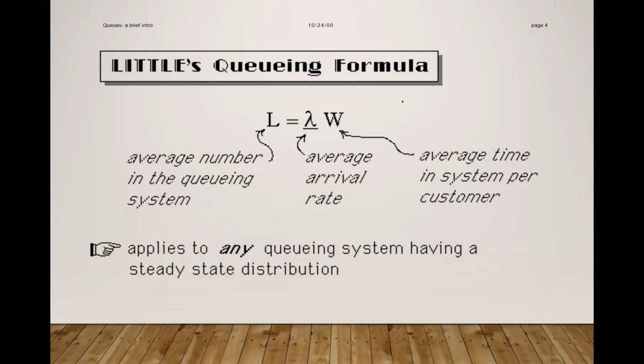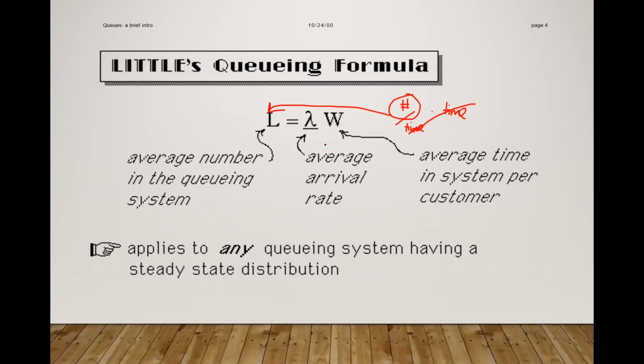So you have number over time, times the duration, because this is the average time. If you multiply, it will cancel, and you will end up with a number. So that is the queuing.